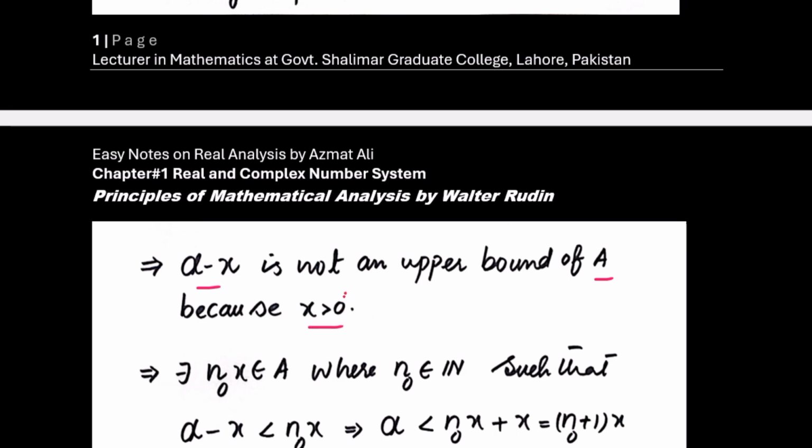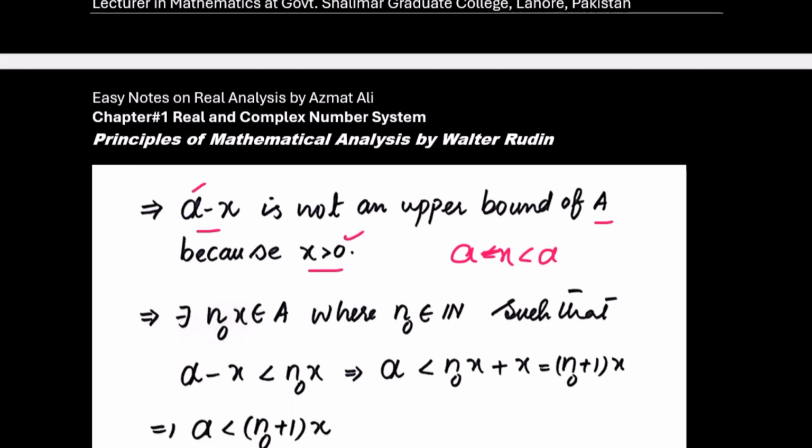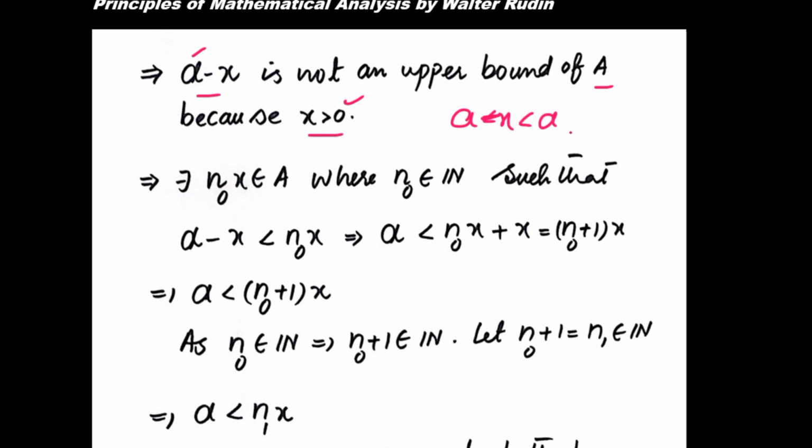As x is a positive real number, when you subtract it from alpha, alpha minus x will always be less than alpha. Now the definition of supremum says, if alpha minus x is smaller than alpha, then it must be that there exists some element of the set A between these two elements.